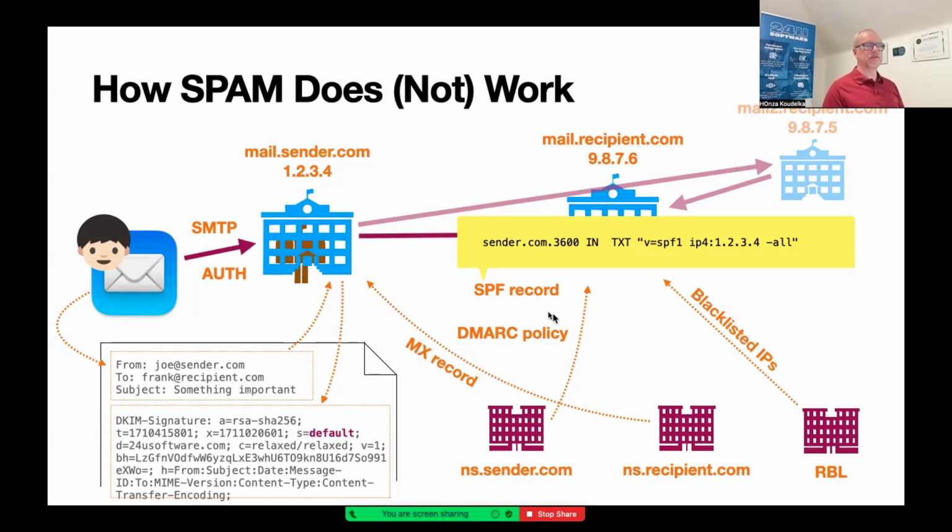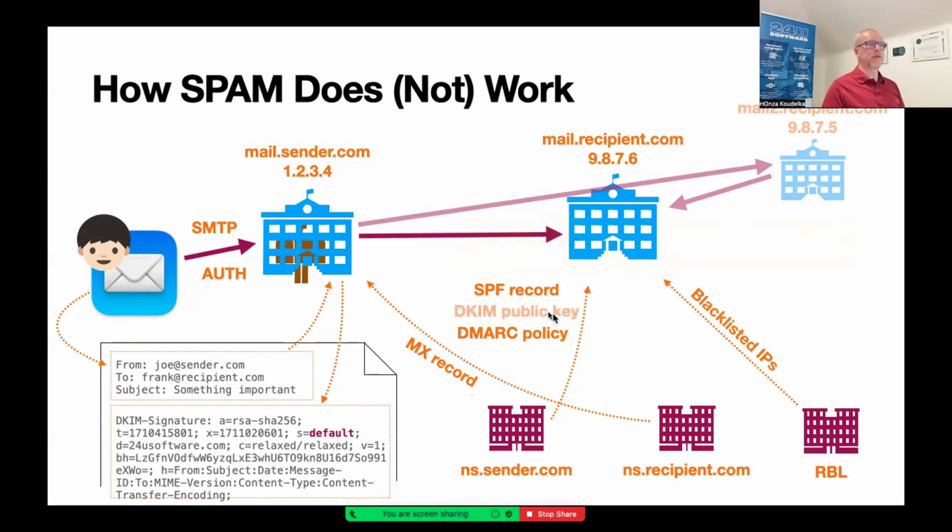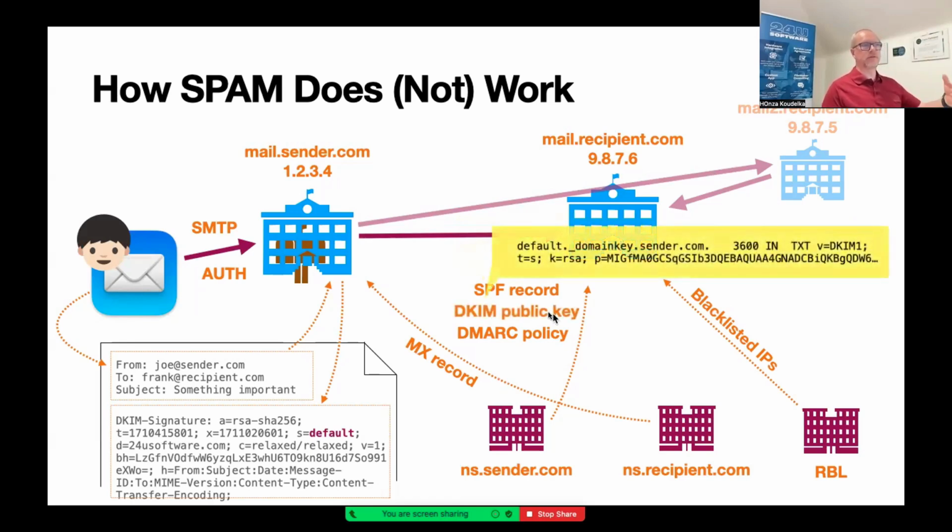The next thing is the DKIM. And DKIM is what I talked about previously. That's the digital signature. So DKIM is a combination of two encryption keys, one private, one public. You publish the public key in the DNS, and your mail server uses the private key to generate the digital signature to your email.